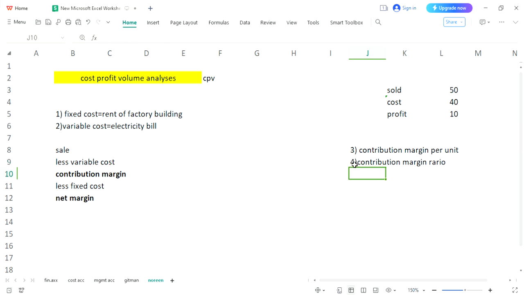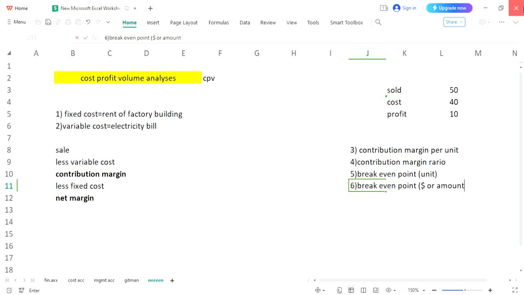And the next point which we will discuss would be break even point in terms of units. And in the same way, the sixth point which we will discuss would be break even point, but in terms of amount or dollars. So you may have dollars or amount.